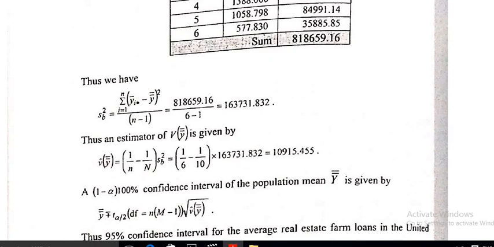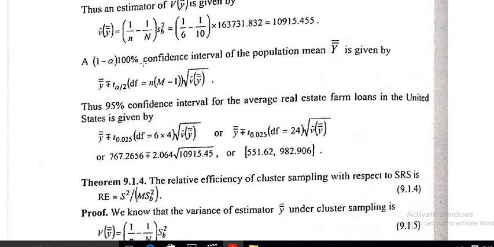It has become, that is, the 95% confidence interval is 511.62 to 982.906. You can verify this by making the complete calculations of this example yourself.